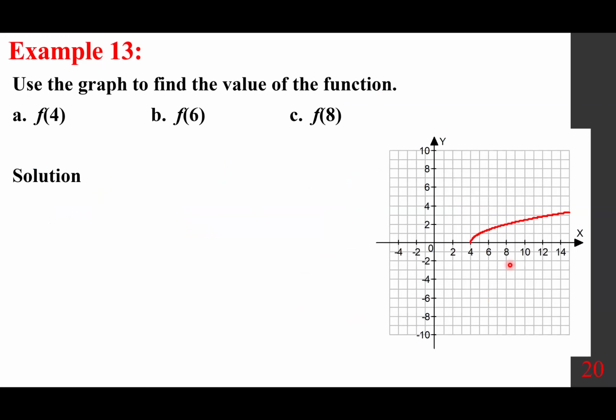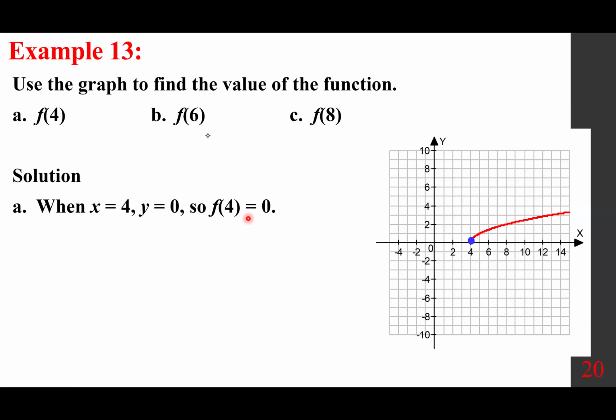Use the graph to find the value of the function at those points. So f of 4, so locate the x equals 4, the y coordinate is 0, therefore you're going to write when x is 4, y is 0, or f of 4 equal to 0. You don't have to write that, you can just write f of 4 equals 0.